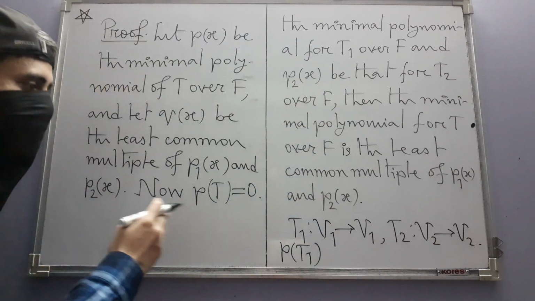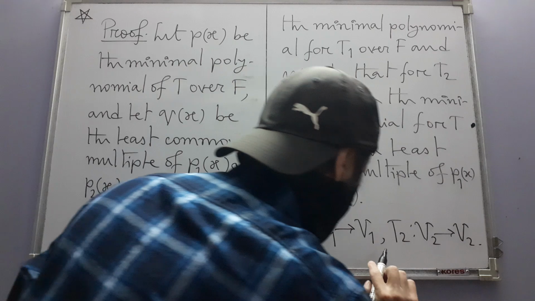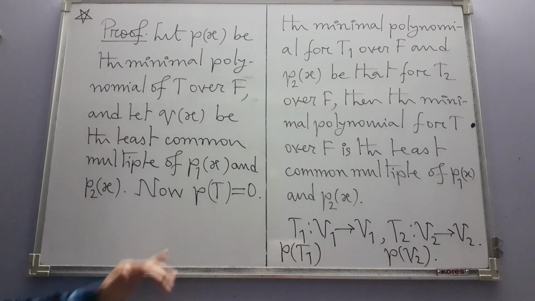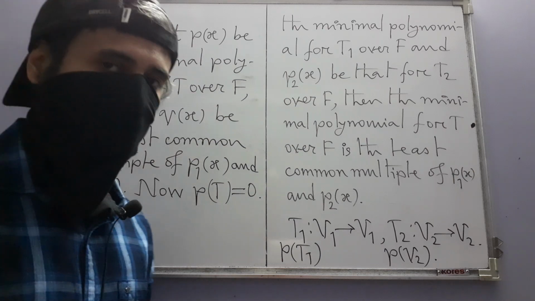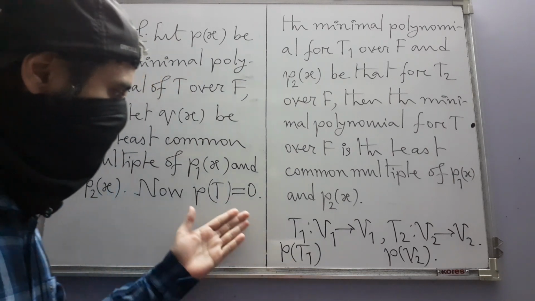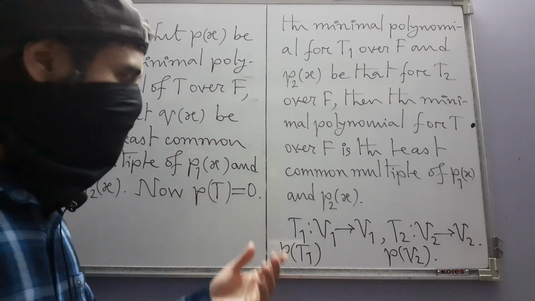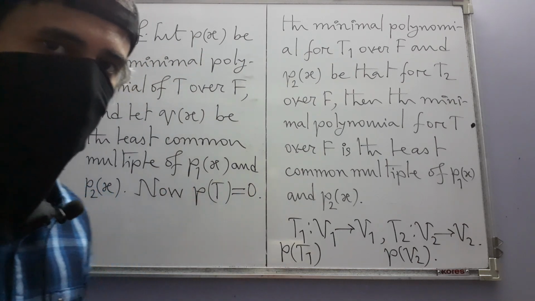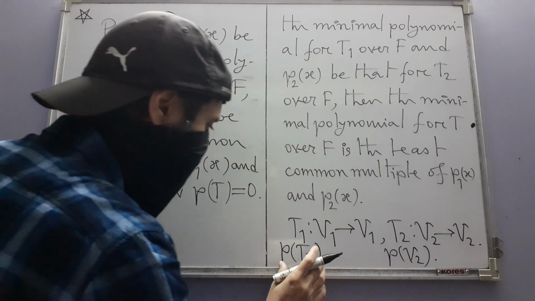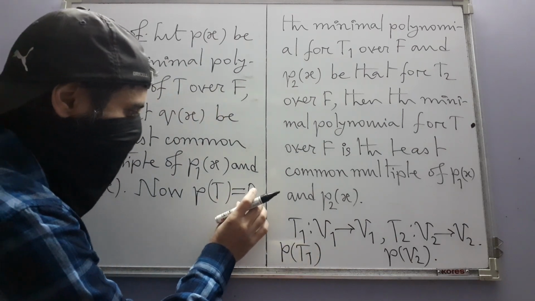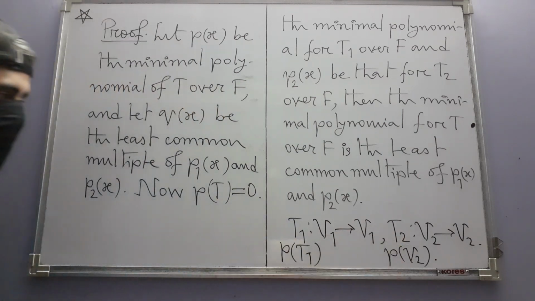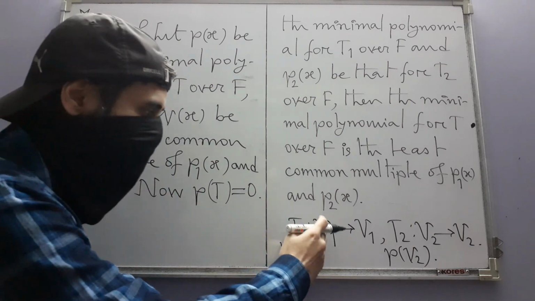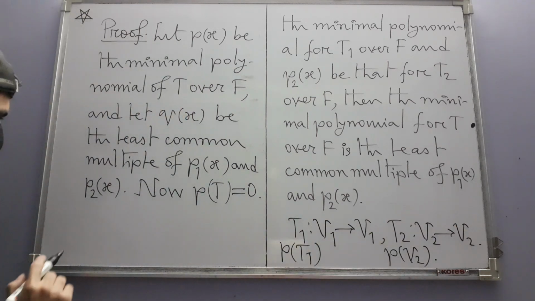Similarly, restricting p(T) on V2 gives us p(T2). And because the original operator is identically 0, you apply it on any vector and you get the zero vector as output. So obviously the restrictions are also going to be zero operators on the respective subspaces.